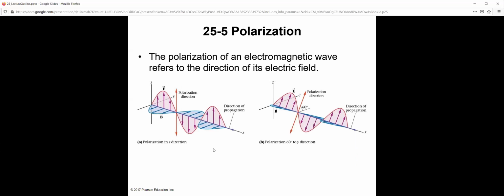All right, let's talk polarization. I'm sure you all have a pair of polarized sunglasses. Polarization is, well, that's what we're going to talk about. So the polarization of an EM wave is defined by the direction of its electric field.